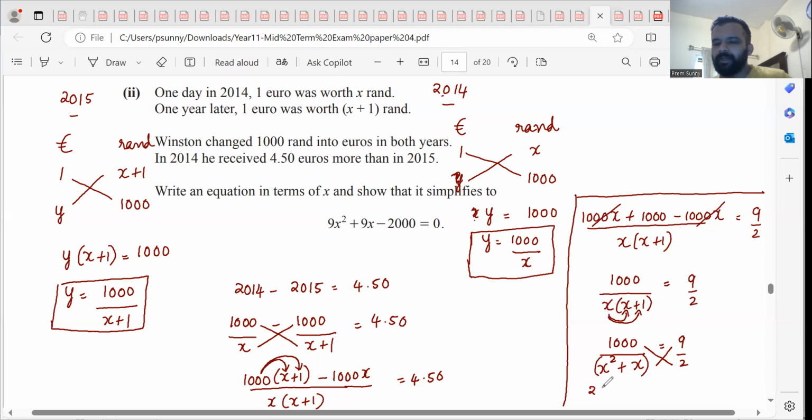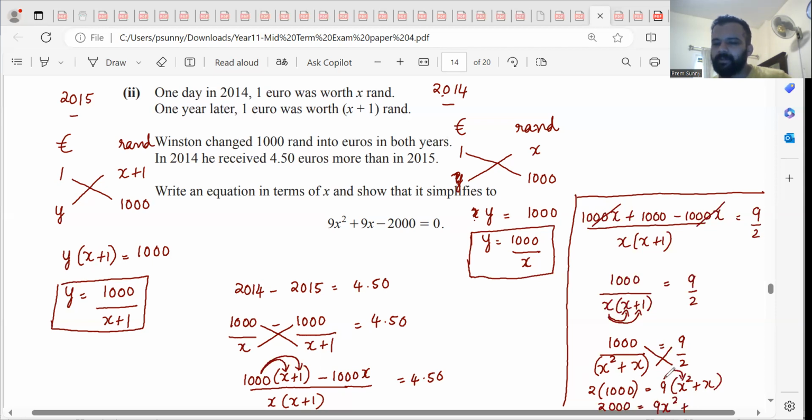So 2 into 1000 is equal to 9 into x square plus x. When we simplify this, we get 2000 is equal to 9x square plus 9x.